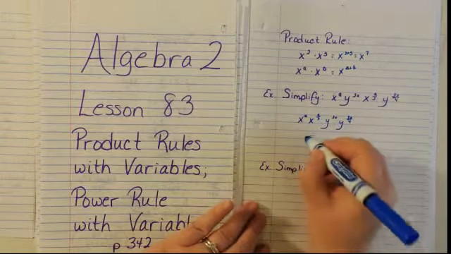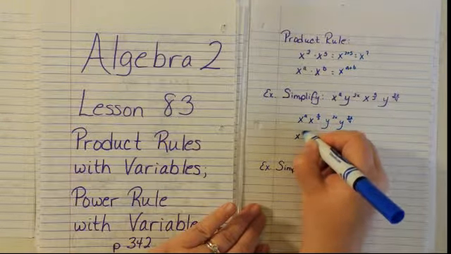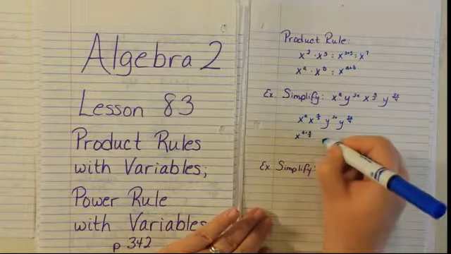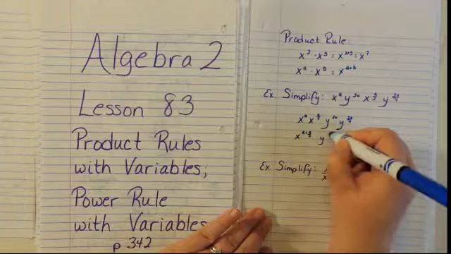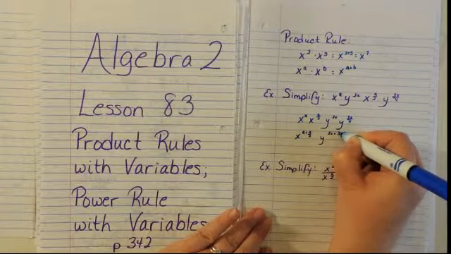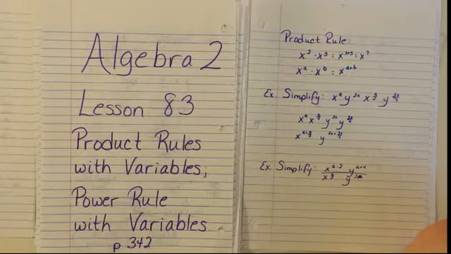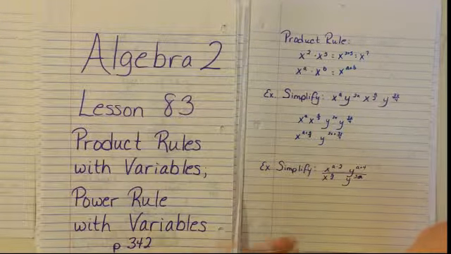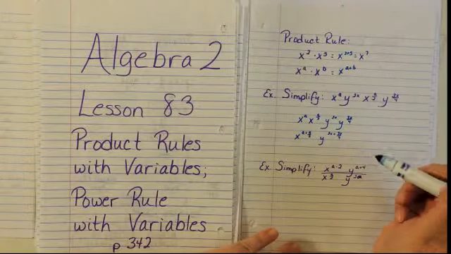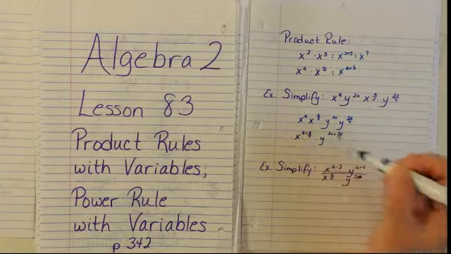Okay, so this is going to be the same as x to the a plus a halves times y to the 2x plus 3x over 4, right? So we're going to find common denominators so we can add this up. This is 2a over 2 if the common denominator is 2.